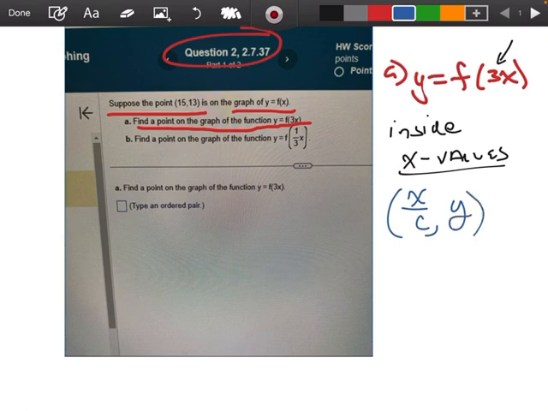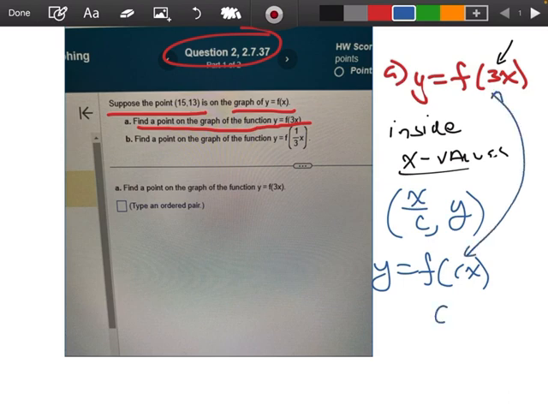Okay, so y'all, when I look here and I do a compare and compare, remember this is what y equals f of c x is going to look like. So y'all, if I do a stare and compare, wouldn't my c here be the number 3?